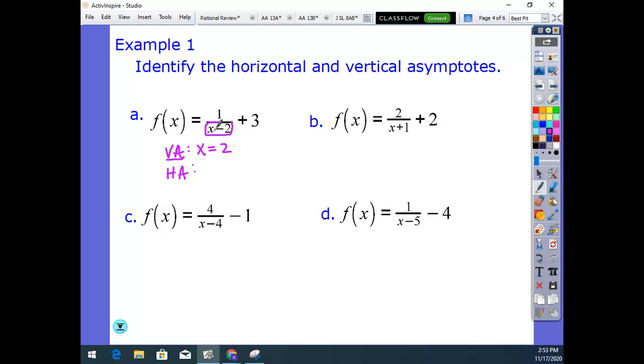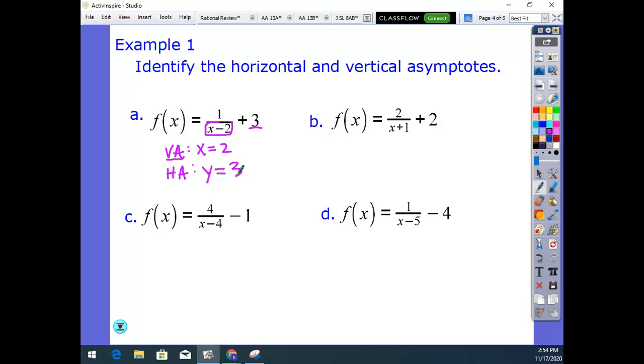See, 2 just makes the denominator 0. They must be written as an equation. The horizontal asymptote is always y equals. Vertical always goes with x, with the denominator. So horizontal is always the other one, y, and that's just the number at the end. That's all we do for the asymptotes.